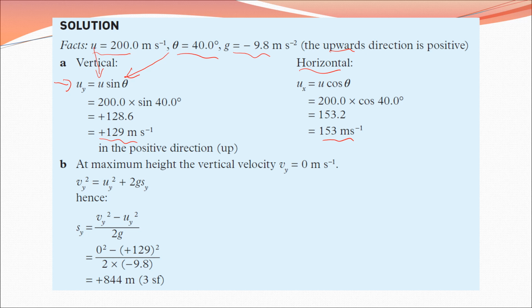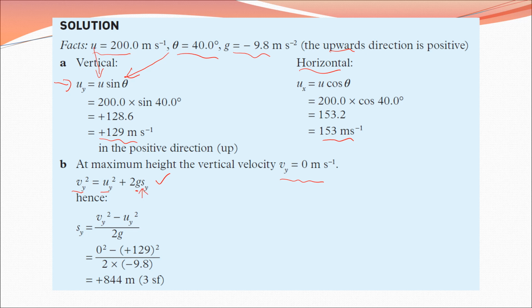All right, B, the maximum height. At maximum height, the vertical velocity is 0. So once again, write down what you know, look at your equations, pick the correct one. And that's this one here, because we have this value, we have this value, we have that value.